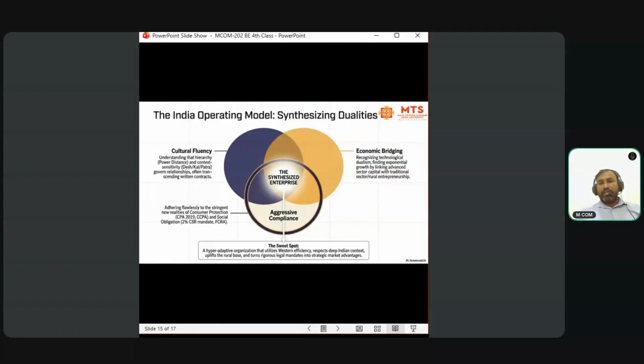So this is the citizen enterprise, and aggressive compliance is the mark of the hyper-adaptive organization that utilizes Western efficiency, respects deep Indian context, uplifts the rural base, and turns rigorous legal mandates into strategic market advantages.